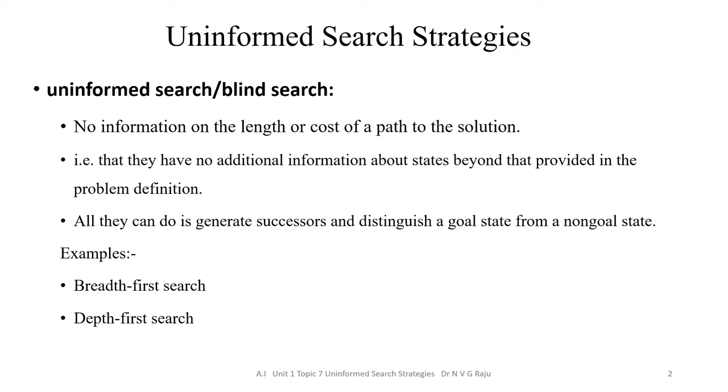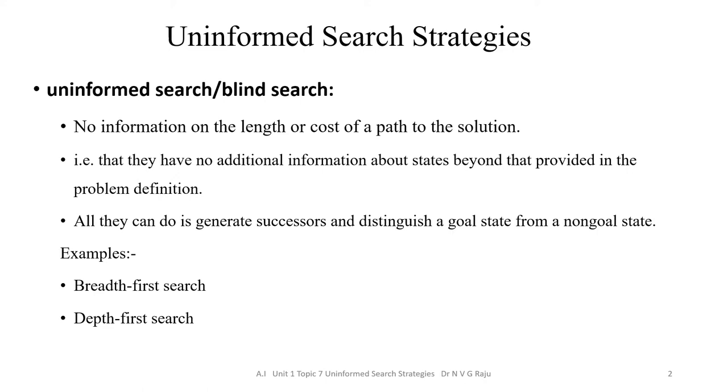Search algorithms are judged on the basis of completeness, optimality, time and space complexity. Today's topic is uninformed search, also called blind search, where we don't have any information about the length or cost of a path to a solution.